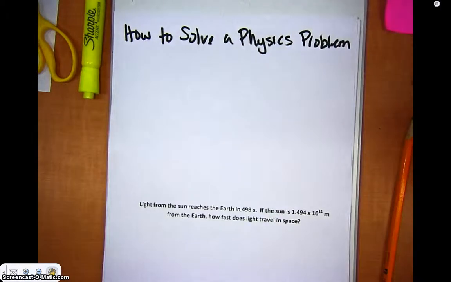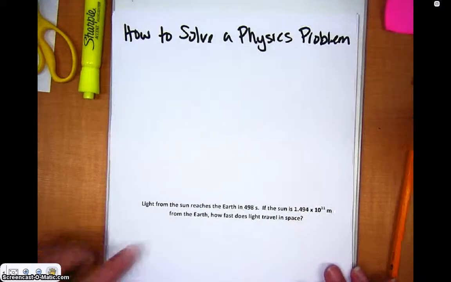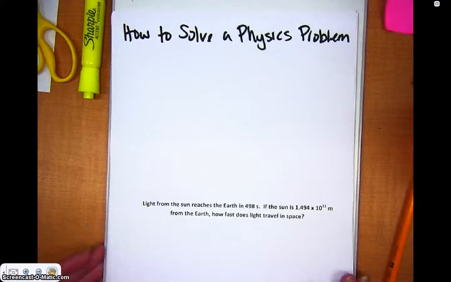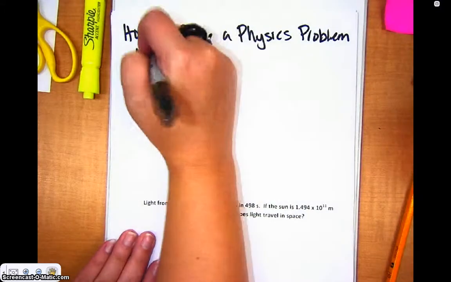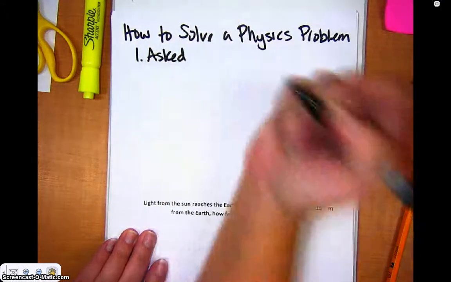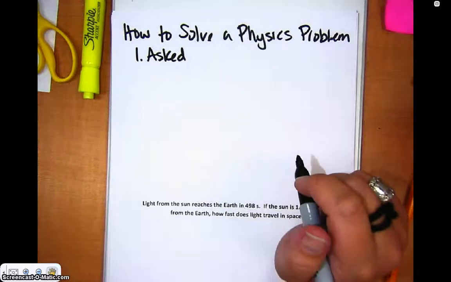Okay, so the first thing that we do when we read a physics problem, I'm going to do a sample down here, but really what we start with is identifying what is being asked of us. So after reading the problem, we're going to determine what is being asked and list it.